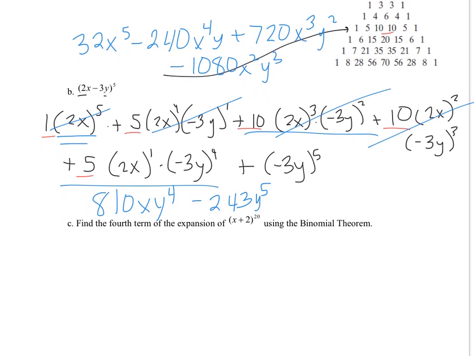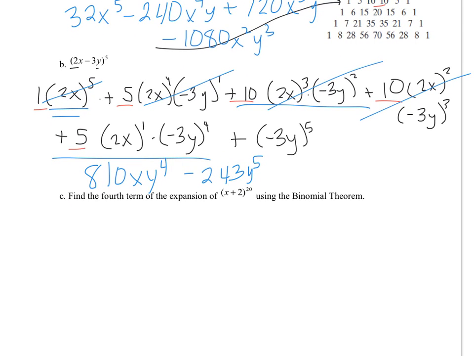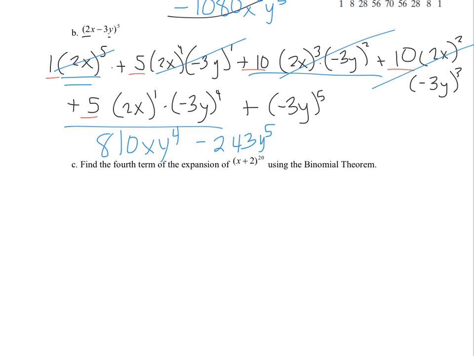Find the 4th term of the expression x plus 2 to the 20th power. Okay, and then we get to one where you can't really use the awesome Pascal's triangle. I mean, you could write out the first 20 rows, but it would be a lot of work.